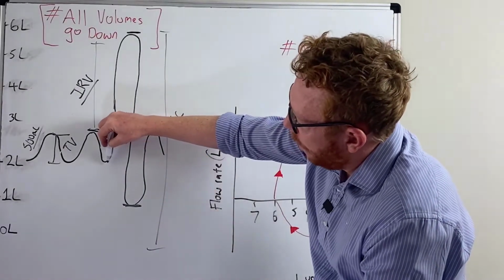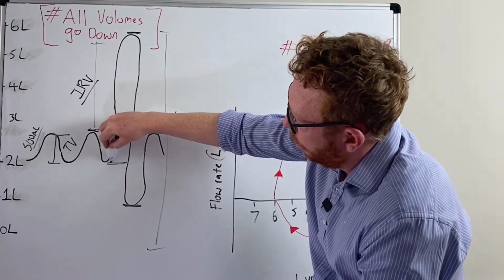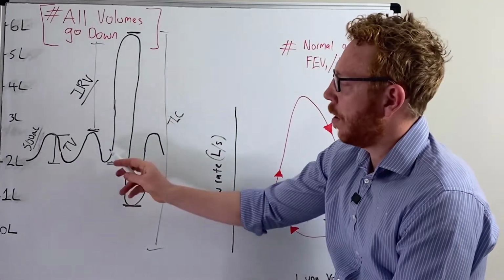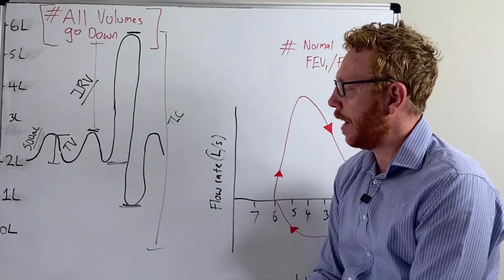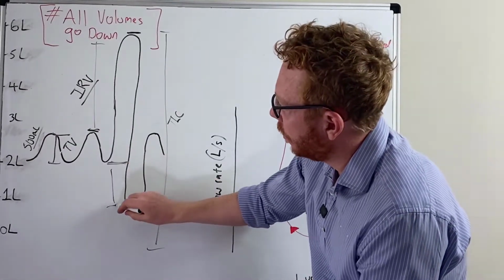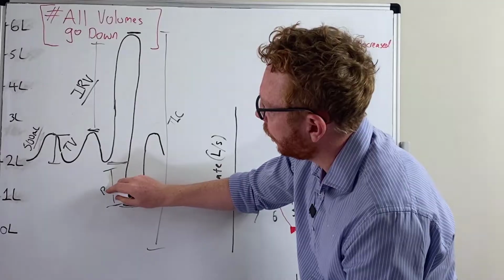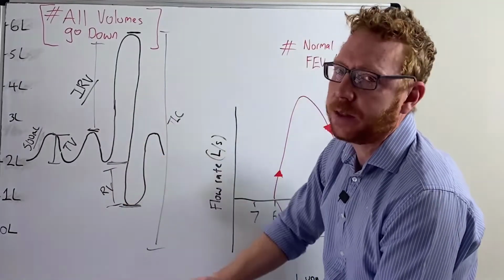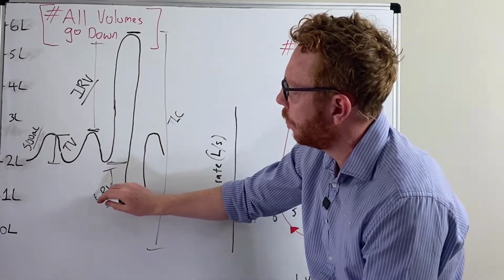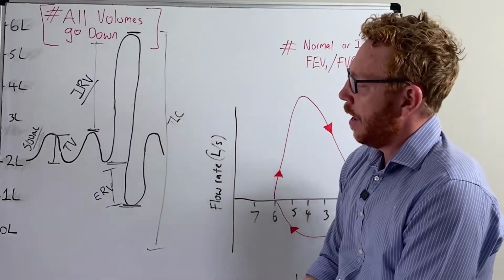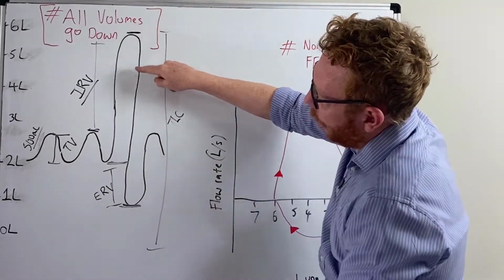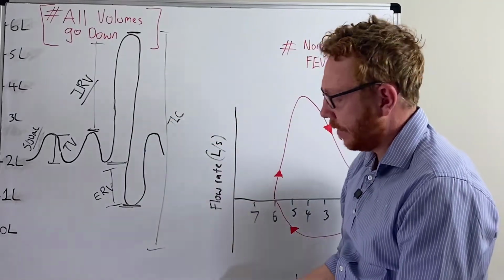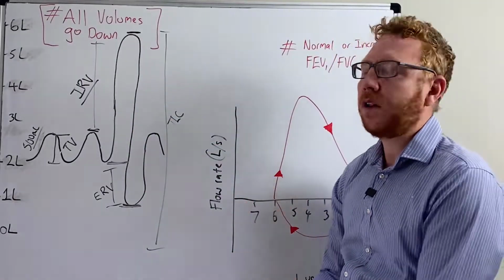Now, from the bottom of your tidal volume on expiration down to the point where you can't get any more air out of your lungs, that is also a reserve volume. But unlike inspiratory, this is expiratory reserve volume. Now, what you did from here to get all that air out is something that you have control over.